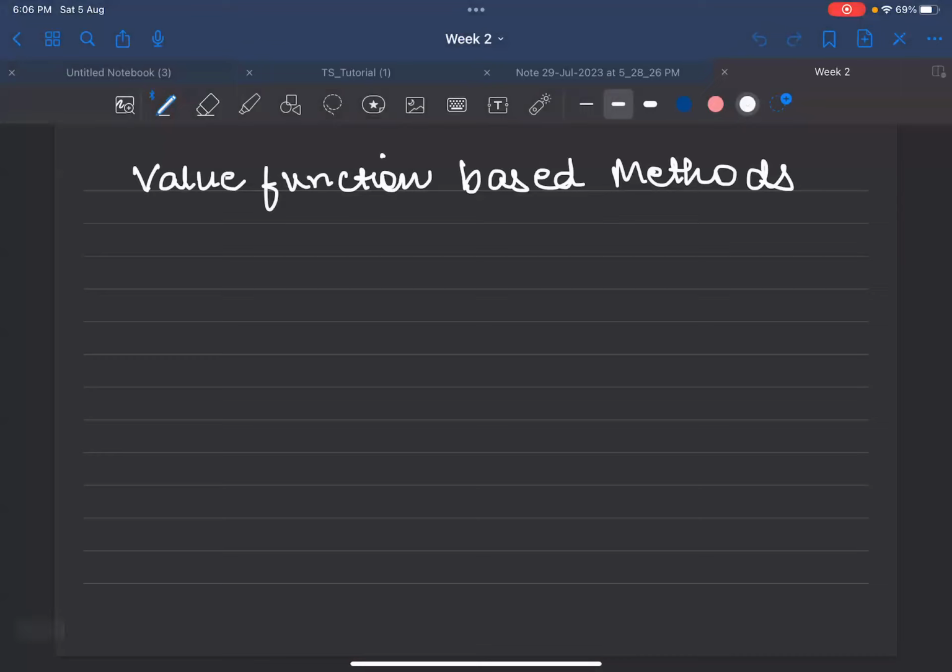Madam, just one confusion when I'm reading about asymptotic correctness. Let us assume that in the context of a multi-arm bandit, we have K arms, and we don't know the distribution of each of these arms. So what do we mean by asymptotic correctness?